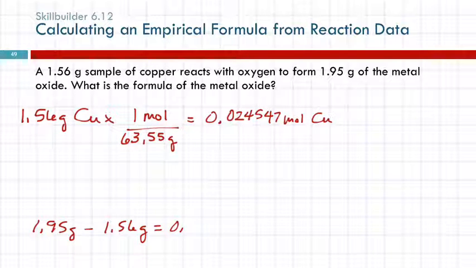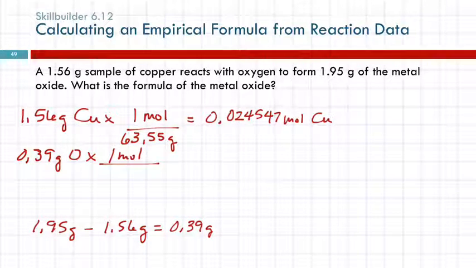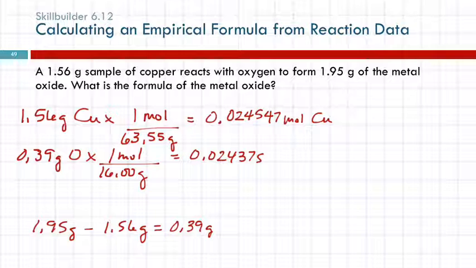0.39. That's the mass of oxygen. So oxygen, and convert that to moles. And divide by 16. 0.024375 moles. Now you can kind of guess, can't you, that this is going to end up being 1-to-1?